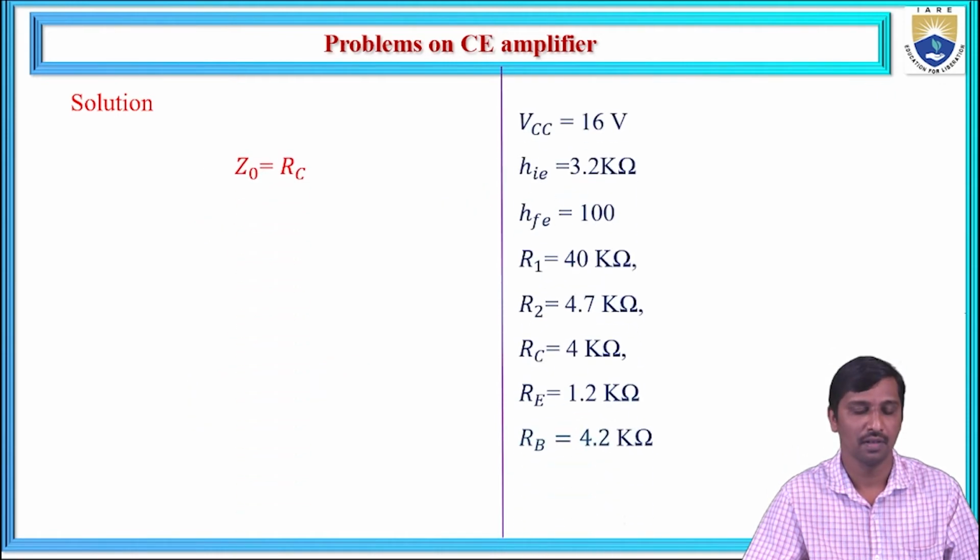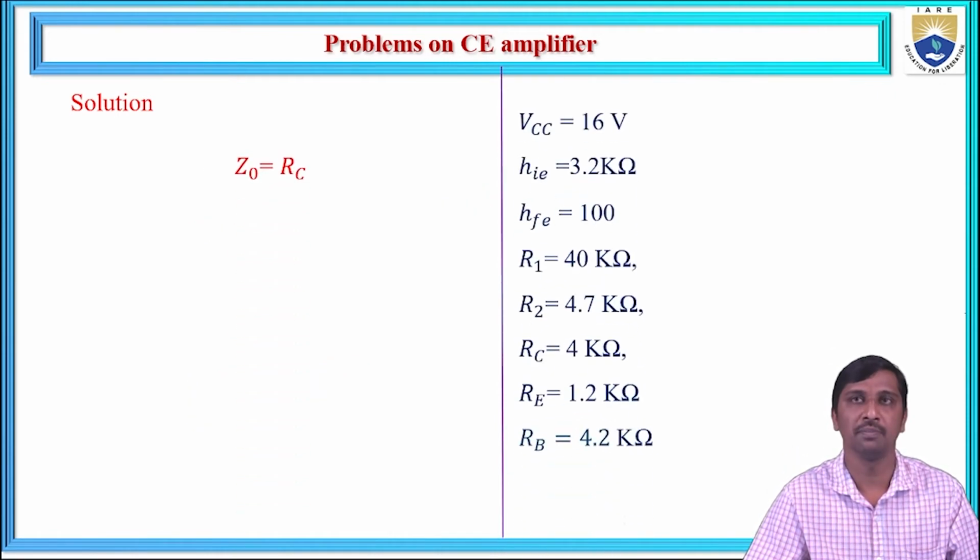Now I am going to calculate the output impedance. From the voltage divider network, the output impedance is exactly equal to the collector resistance.